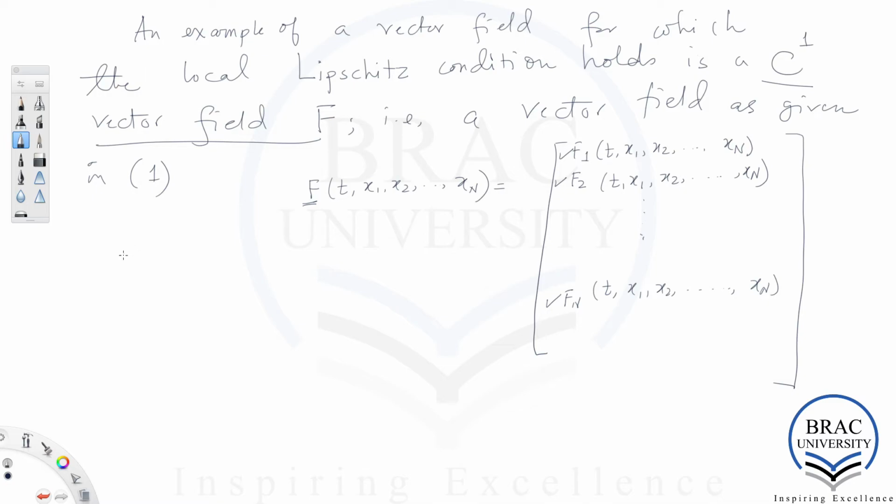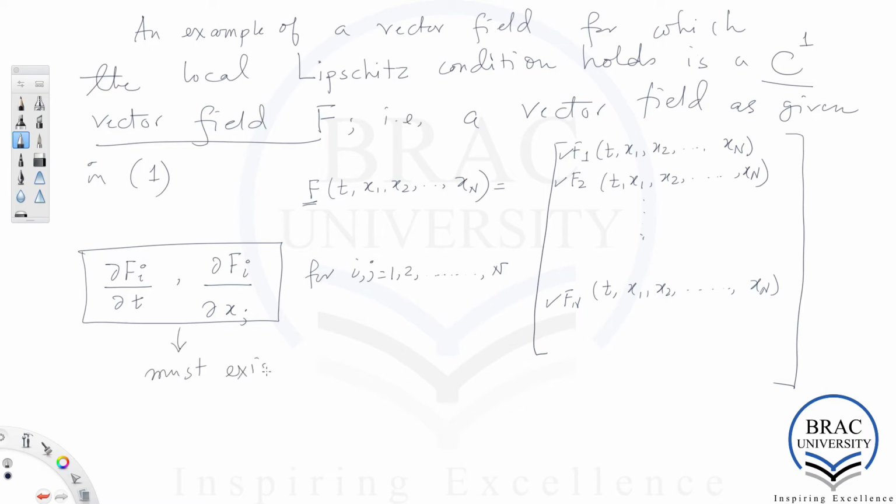So del fi by del t and del fi by del xj, for i, j from 1 all the way up to n, must exist and have to be continuous.